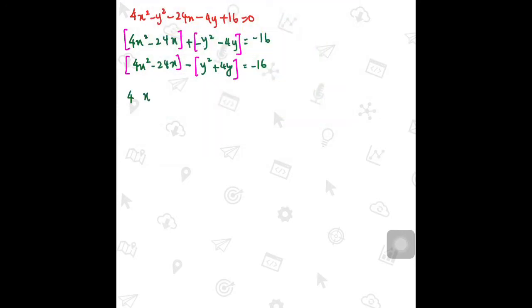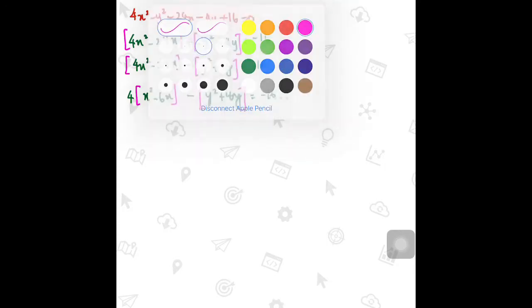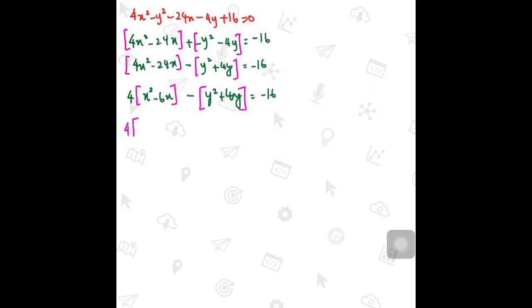So this will become x squared minus 6x. When the coefficient of the first term is 1, we are ready to complete the square. So let me write all the brackets here so that this will be easy for us to complete the square after this.